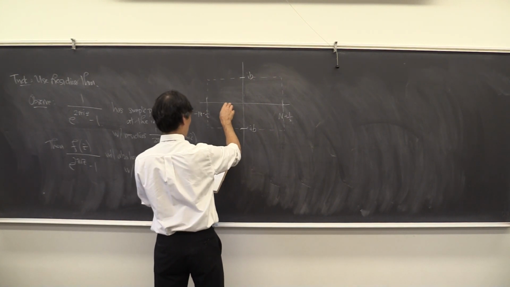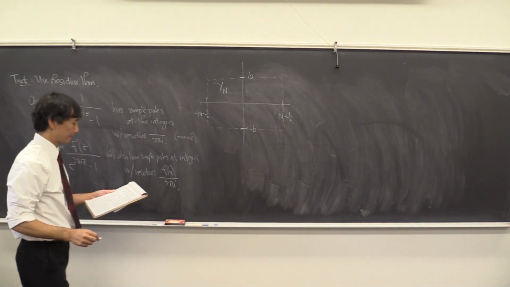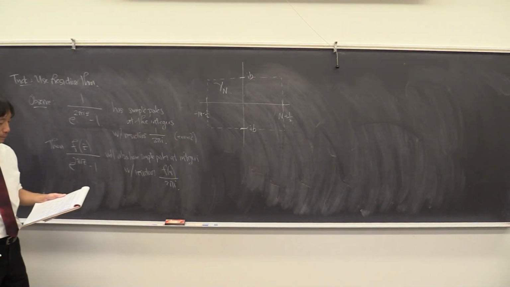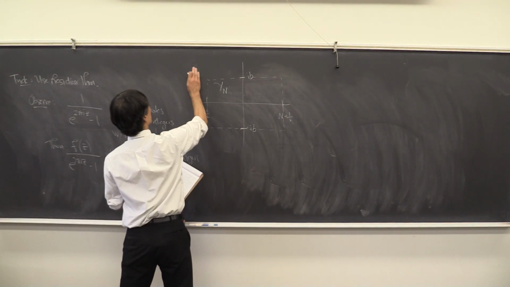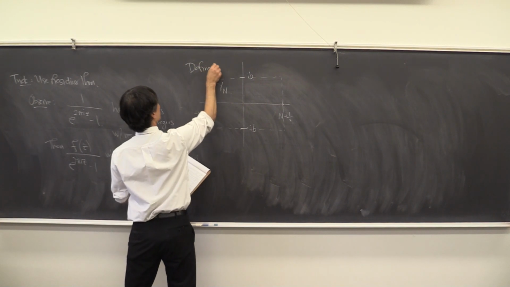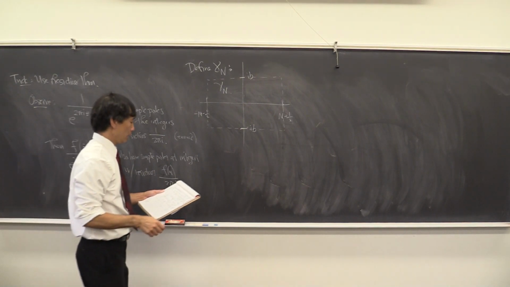And we'll call that, as usual, gamma sub N. Define gamma sub N as the curve around this rectangle.